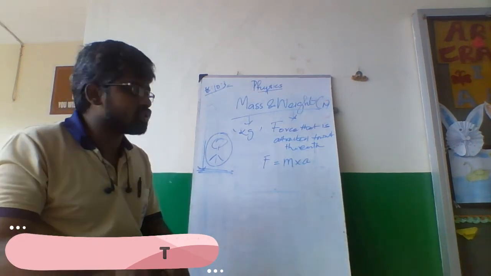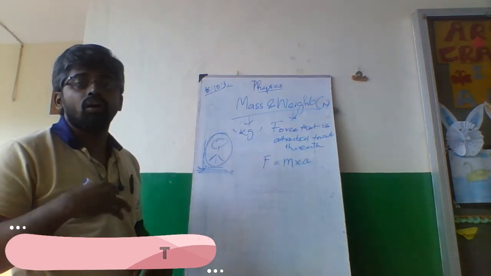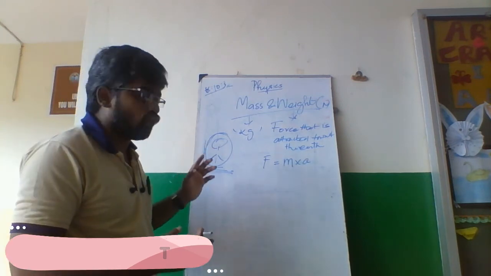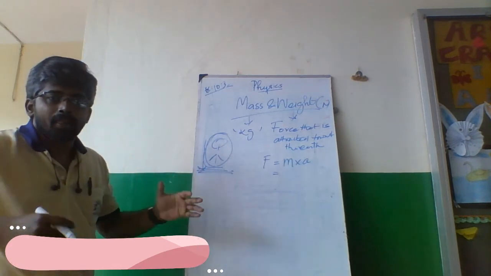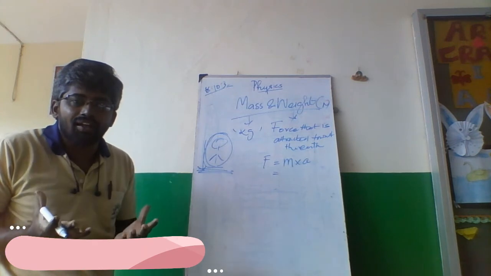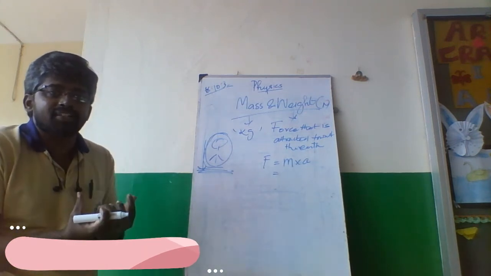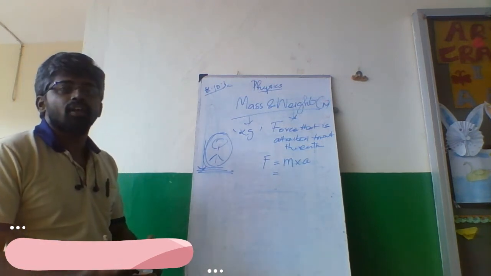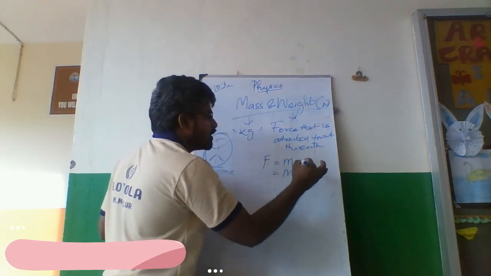The mass along with the acceleration due to gravity is called force. For example, when I am standing, I am accelerating downwards because I have a mass. When I have a mass, the earth is pulling me down with some acceleration due to gravity. For all the objects on the earth, the acceleration due to gravity is g, m into g.